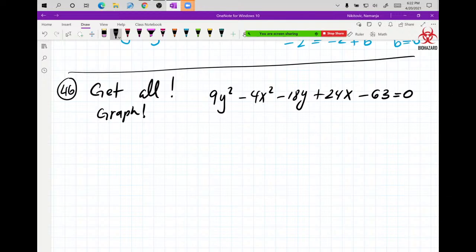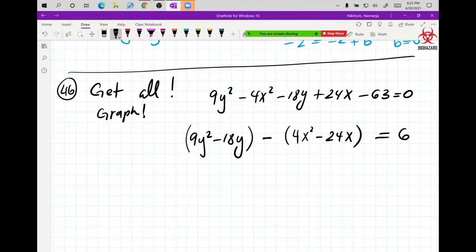So now let's go and deal with all of these. We start by grouping the y terms, 9y squared minus 18y. And then we factor out negative 4 to have x squared minus 6x.